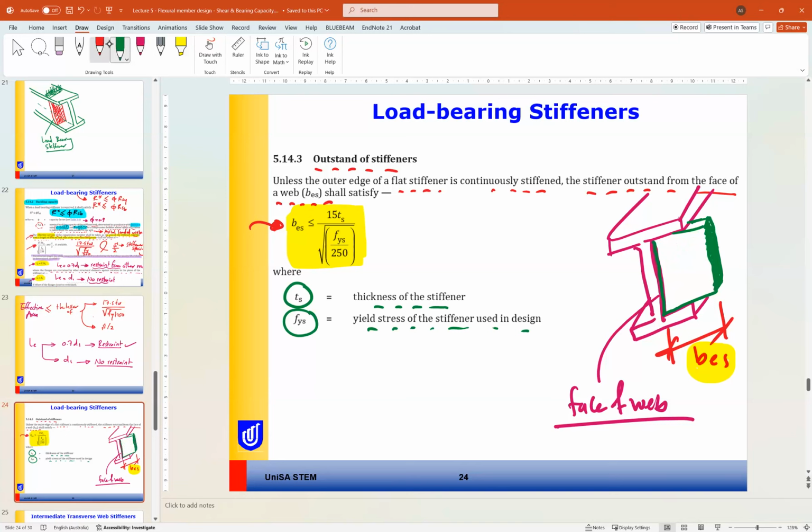So t_s is the thickness of our stiffener like that. Okay, so the stiffener cannot go more than b_es, where b_es is 15 t_s divided by the root of f_ys over 250. Do you have any question about that? These are the dimensioning of the outstand of the stiffener.